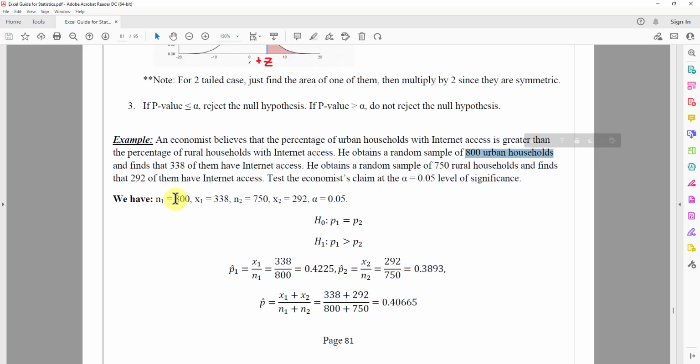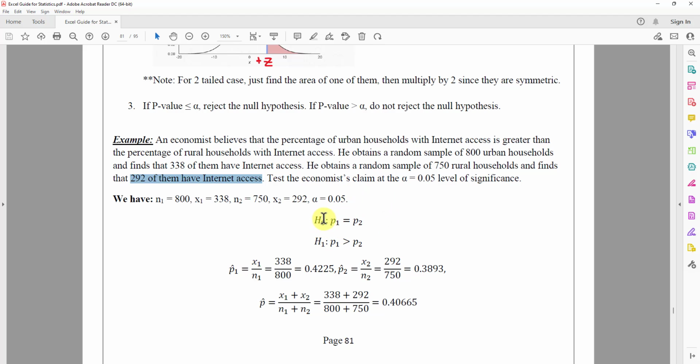So N1 is 800. And then 338 of them say yes, they have internet access. That is X1, right? And then for the second sample, we have 750 rural households. That is N2. And then 292 of them say yes, they do have internet access. So that is X2. So we have N1, X1, N2, X2, and the alpha level is 0.05.